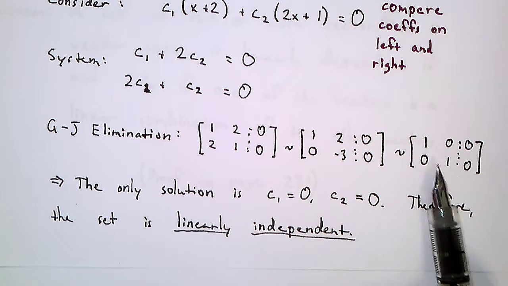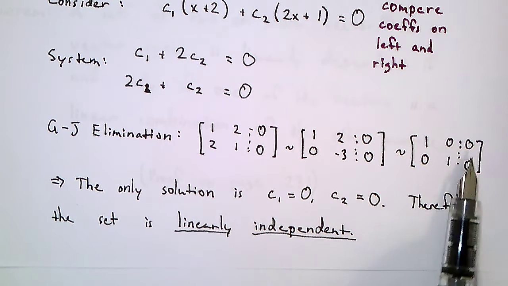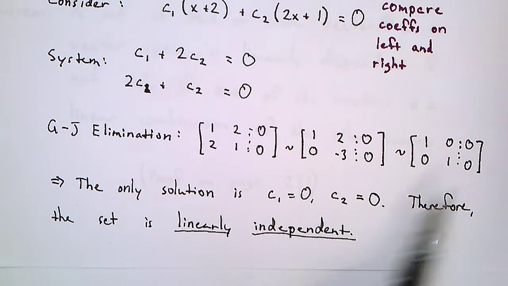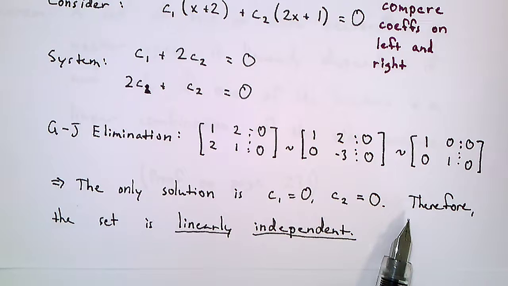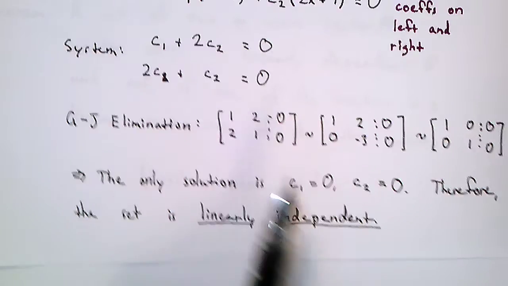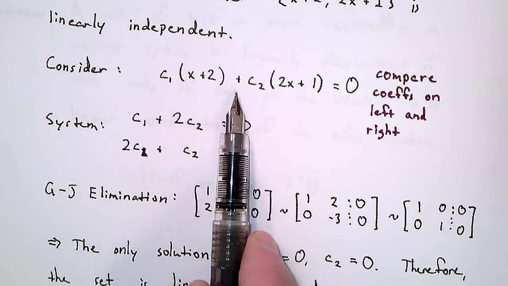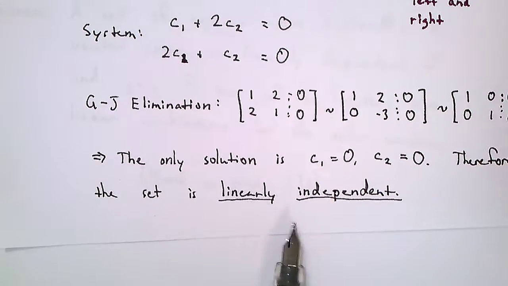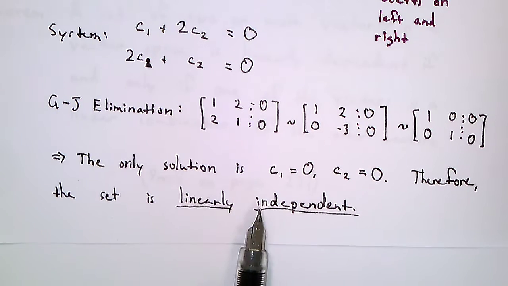And what this final form tells us is that the only solution is c1 equals 0 and c2 equals 0. And since that is the only solution to the original equation, that means that this set of two polynomials is linearly independent.